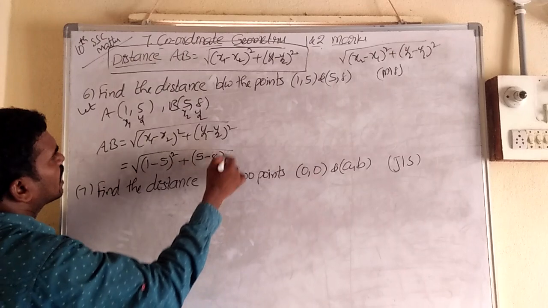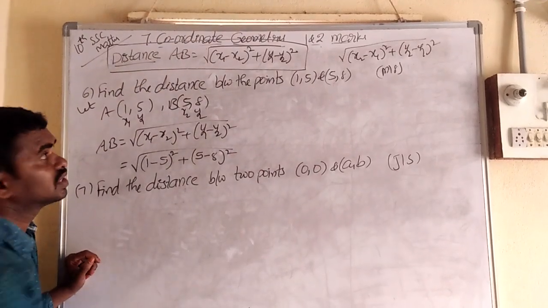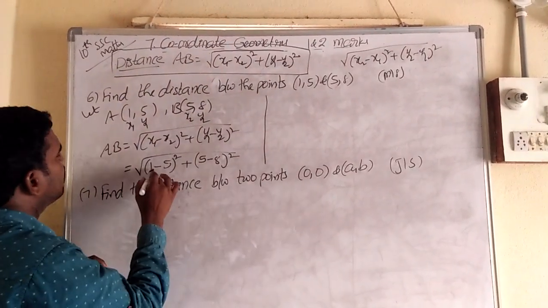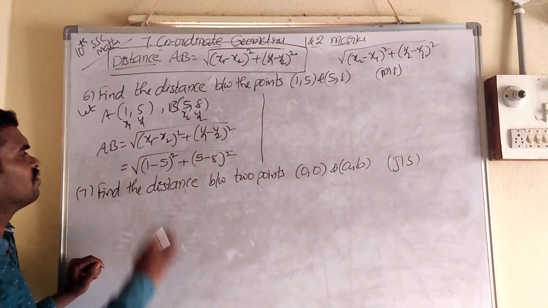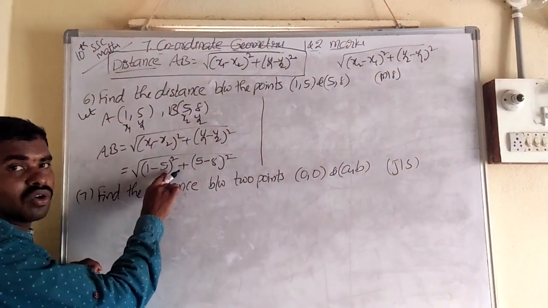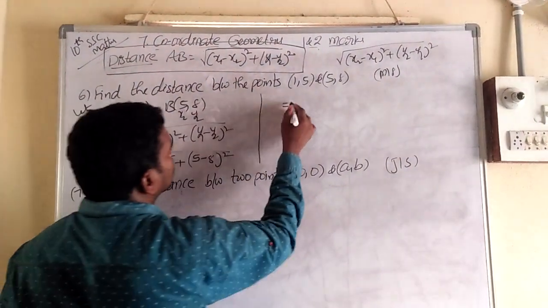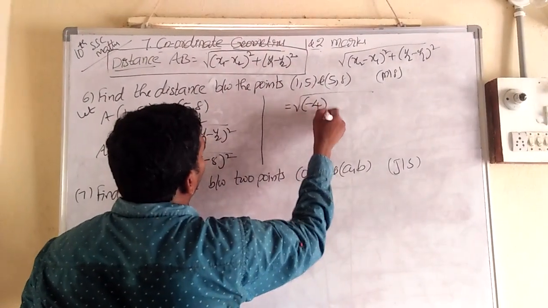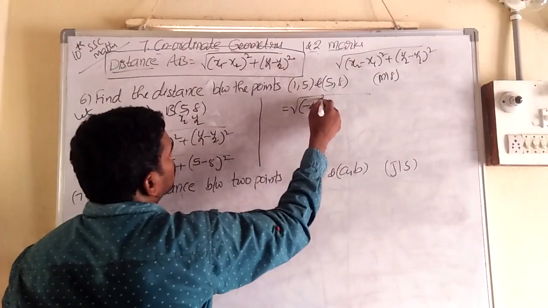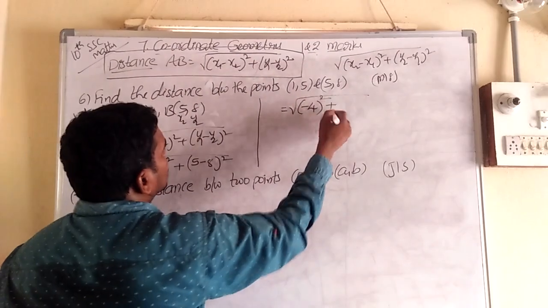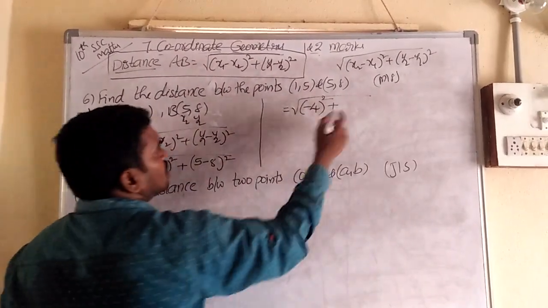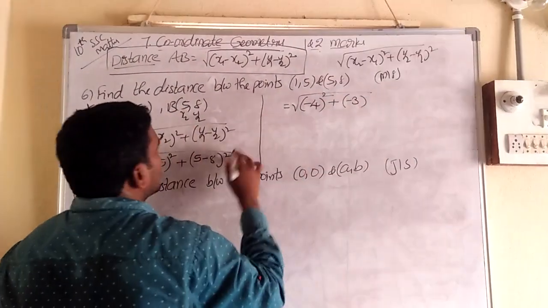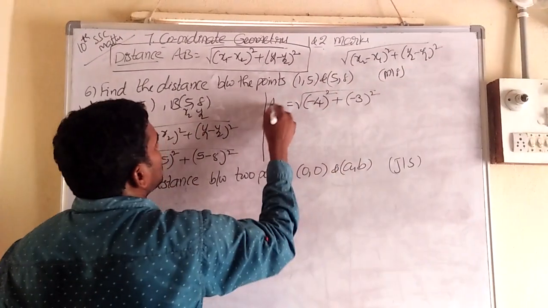Next bracket, next square. Then 1 minus 5 how much? Subtraction, 4. But here negative terms are more, that's why it is minus 4. Is equal to minus 4 and it has square. Next plus, next 5 minus 8, minus 3. Next it has square. So AB equal this.